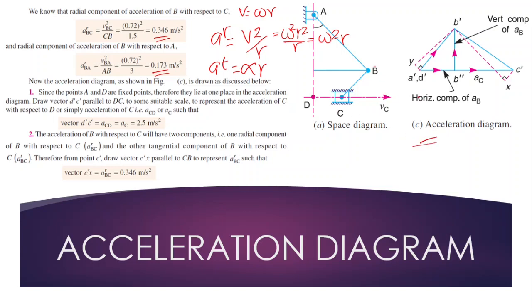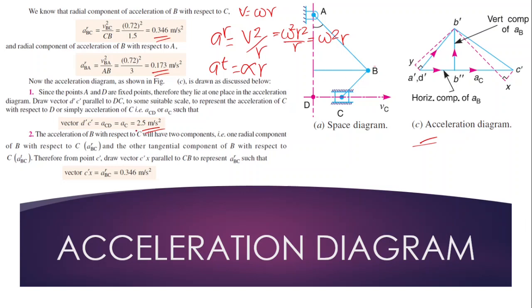First we can draw the acceleration of C with respect to D, or absolute acceleration given in the question, and that's equal to 2.5 meter per second square. We can draw that ACD, acceleration of C with respect to D, that's equal to AC, absolute acceleration, that's equal to vector D dash C dash. We can take a convenient scale to represent D dash C dash.